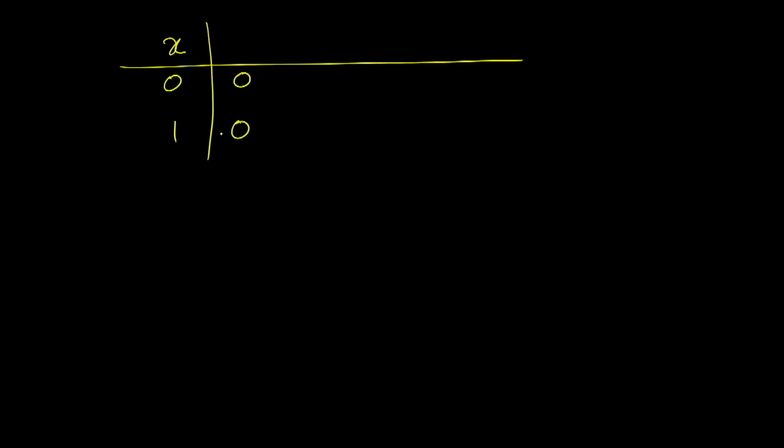We are choosing 0 for both f of 0 and f of 1, or we could choose 0 for f of 0 and 1 for f of 1, or we could choose 1 for f of 0 and 0 for f of 1, or we could choose 1 for both. So, these are the 4 possible choices for f of 0 and f of 1. Each choice will define one Boolean function. So, we have 4 one variable Boolean functions.